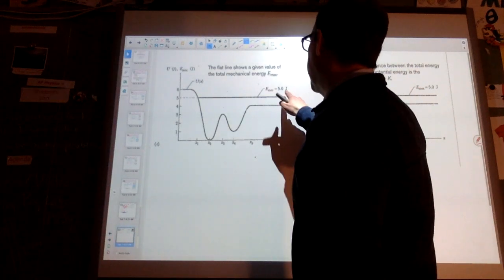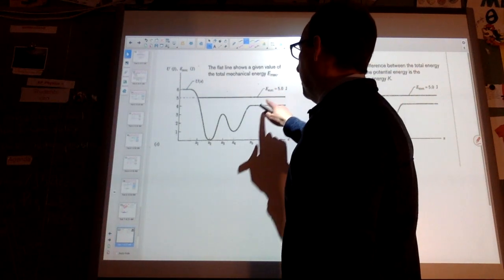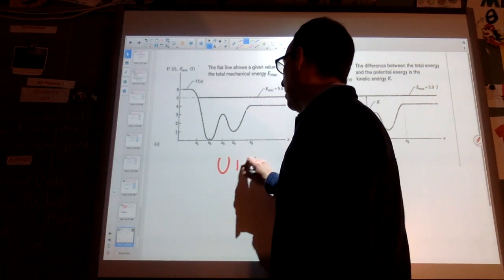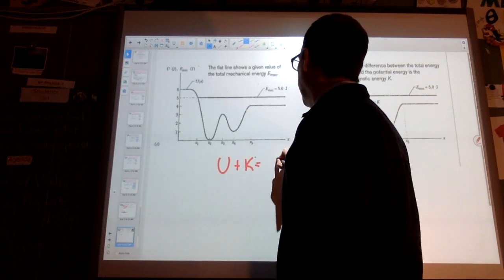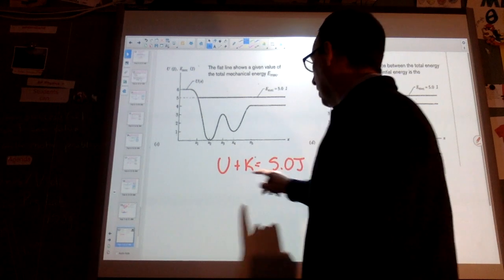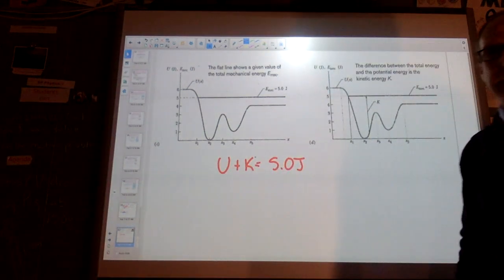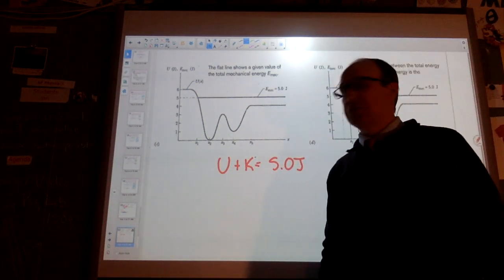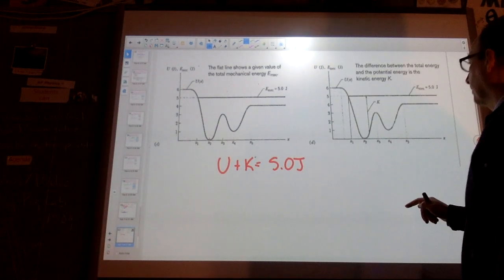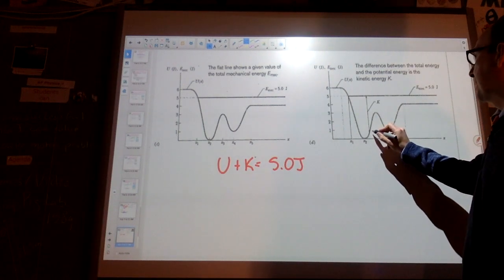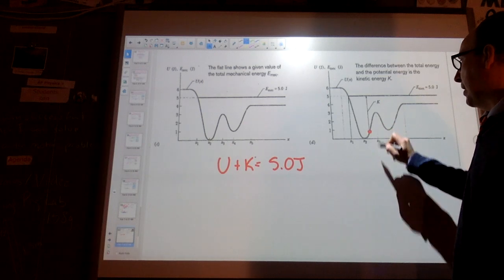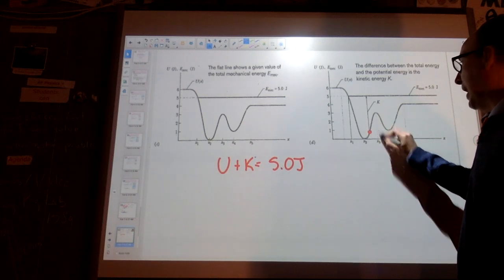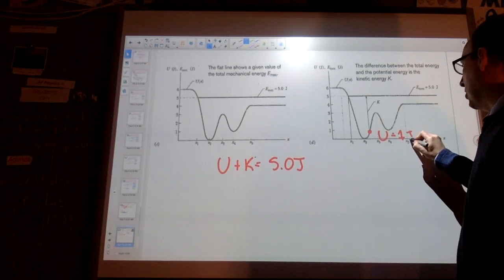The total energy stays the same. So that means that at all points for this graph, our potential and our kinetic have to add up to 5 joules. So if I'm at this point here, it looks like I have potential energy of 1 joule.